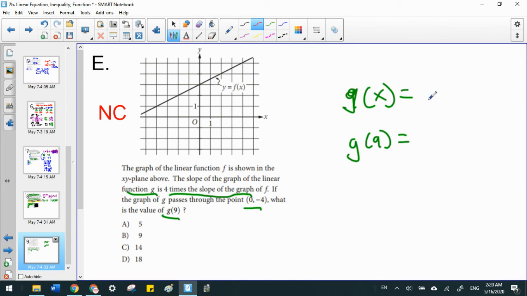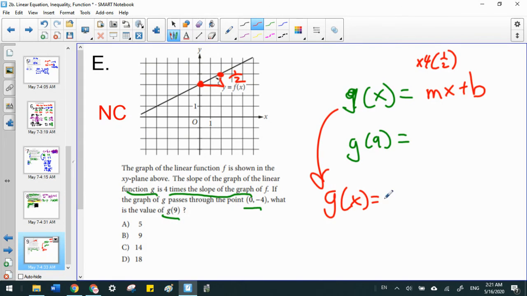So I am trying to write g of x as a linear function, and I can figure out right now that the slope of f is 1 over 2. So if my slope is supposed to be 4 times the slope of 1/2, that means I already know that g of x is going to be 2x plus b.